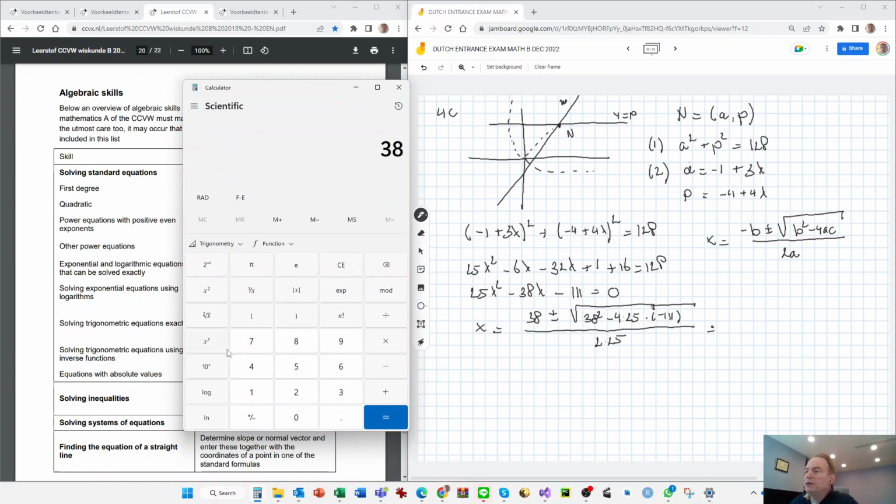So 38 squared, and this is just a plus sign, plus 4 times 25 times 111. And the square root, well, fortunately that's a nice number. So it's 38 plus or minus 112, divided by 50.